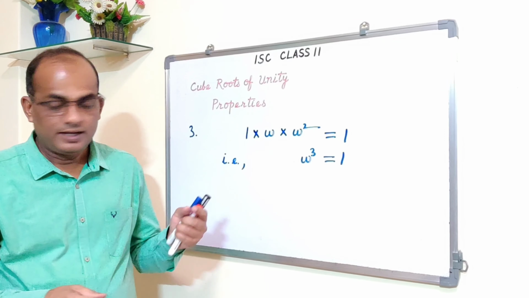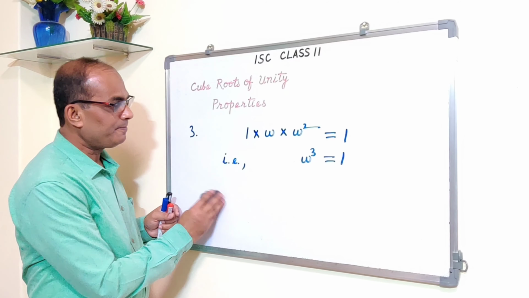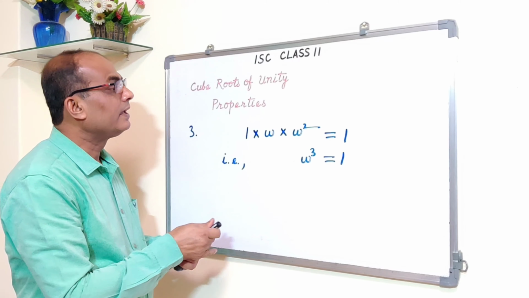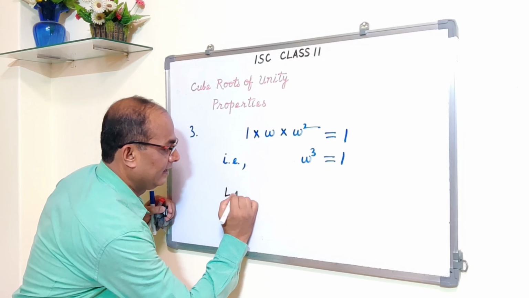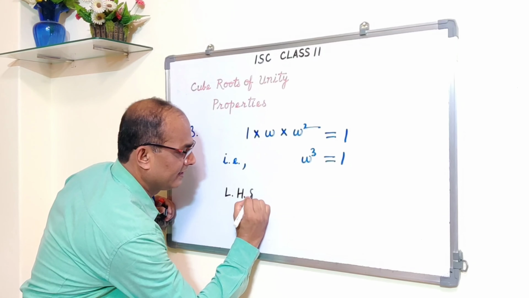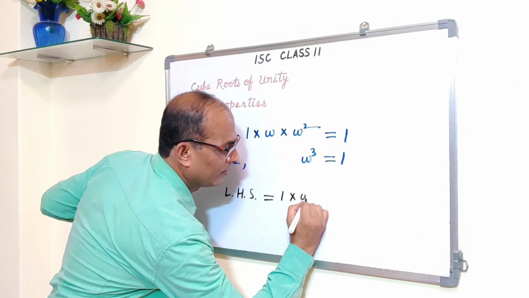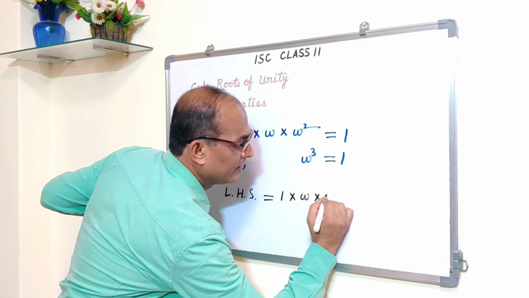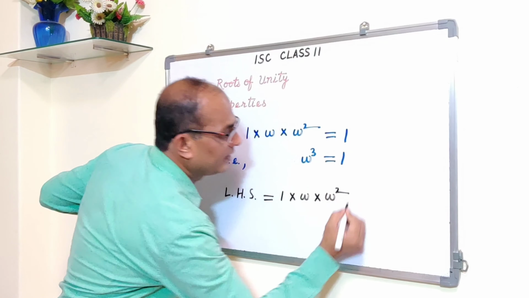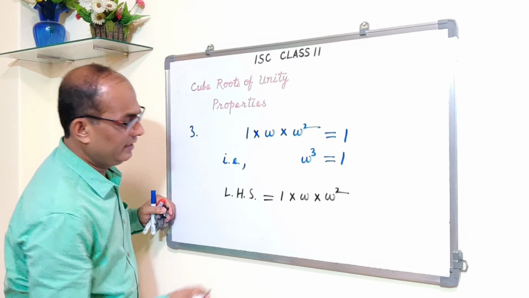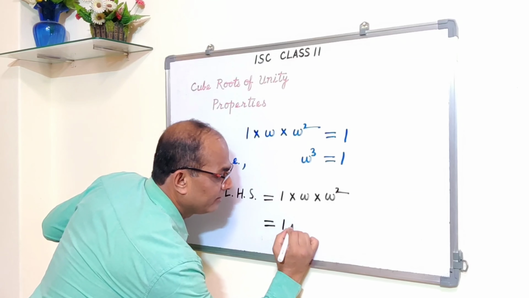Fine. Okay. So let me show it. So left hand side is equal to 1 into omega into omega square, and this gives you 1. We don't write only. If you wish to write down, please write down in this step.